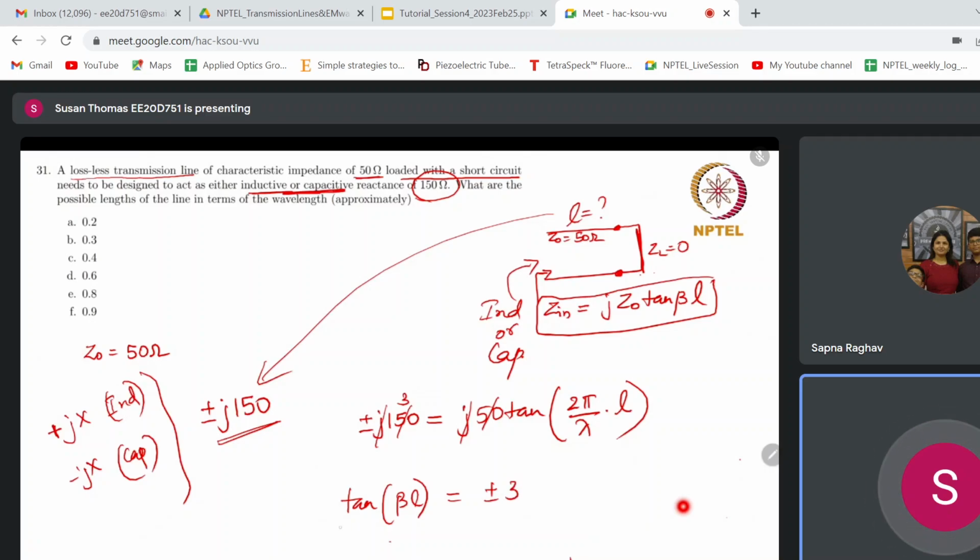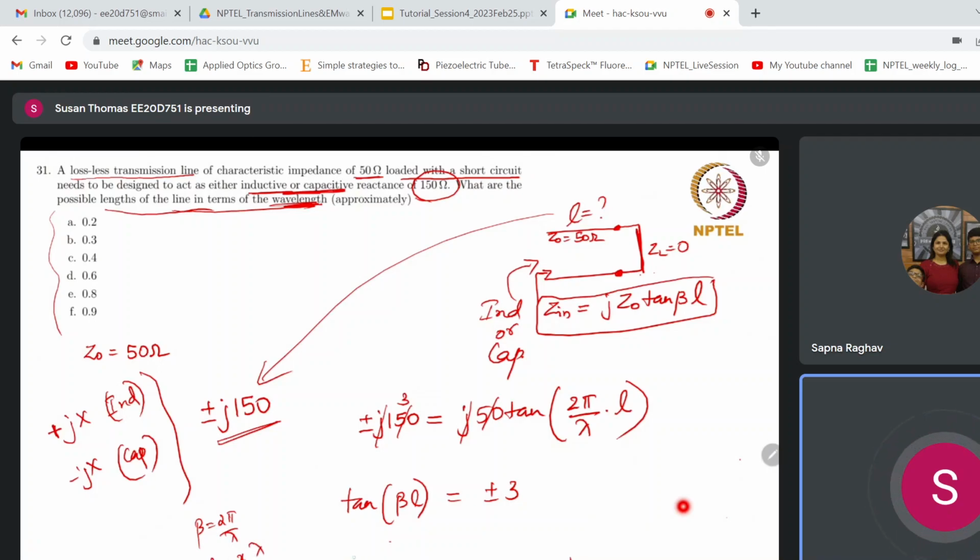To get tan beta L plus or minus 3, which of the options give us that? L is in terms of lambda. So just remember, the length of the line is in terms of lambda. That means beta is basically 2 pi by lambda and L is like x lambda.